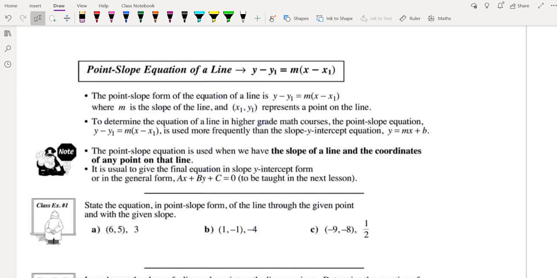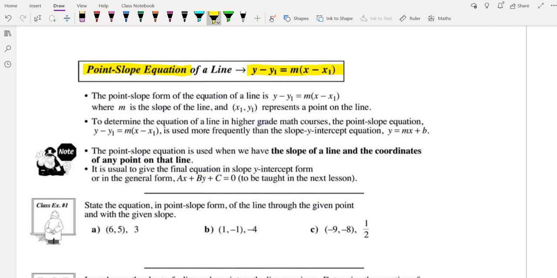All right. So this is known as the point slope equation, and it looks like y minus y1 is equal to m(x minus x1). And you may be wondering, since you're getting comfortable with the y-intercept form, y equals mx plus b, why do I need to use this equation?